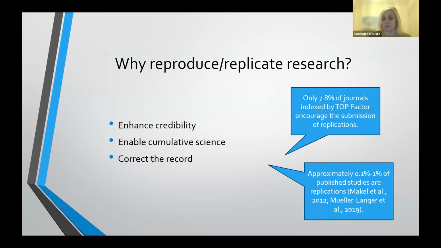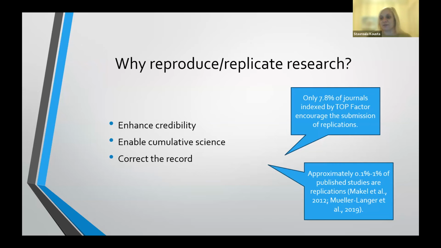And both replication and reproduction enable us to enhance the reliability of the scientific literature and allow science to self-correct and build cumulatively. But as Lucas and Lucas said, replication and reproduction are not yet part of the mainstream in a major way.